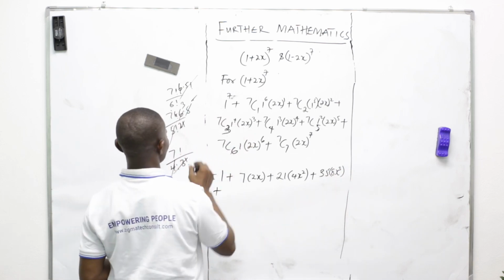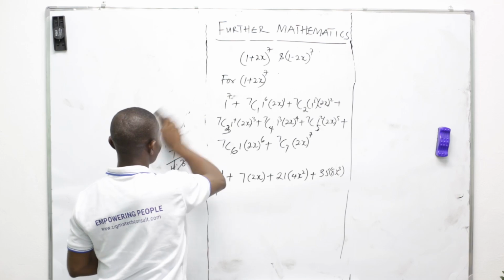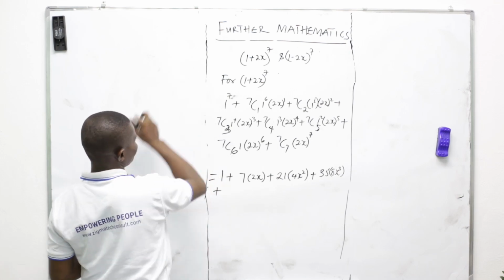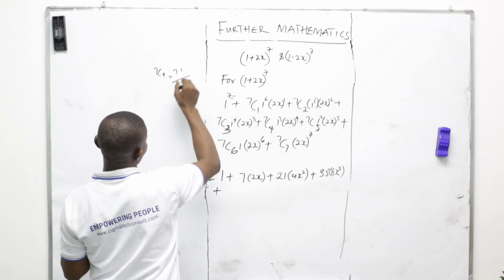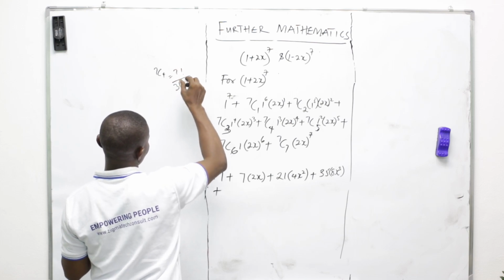Plus 7 combination 4, 7 factorial over 3 factorial, 4 factorial.